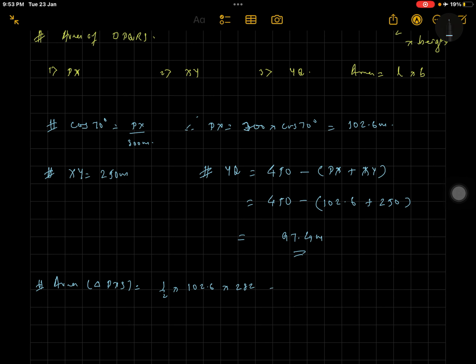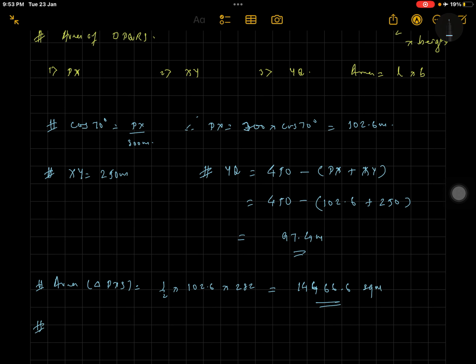You use your calculator to find that, half times 102.6 times 282, and that comes out to be 14,466.6 square meters. That's the first piece of the information.